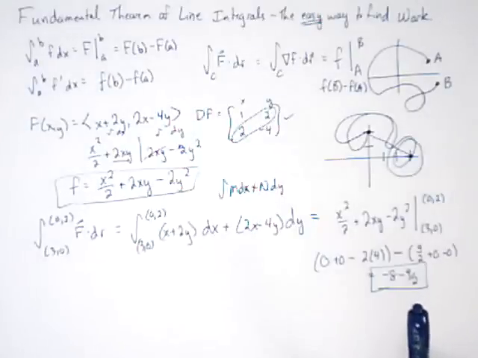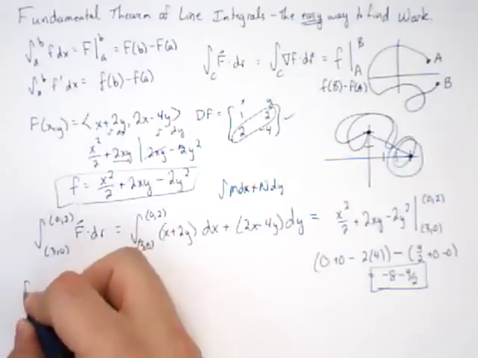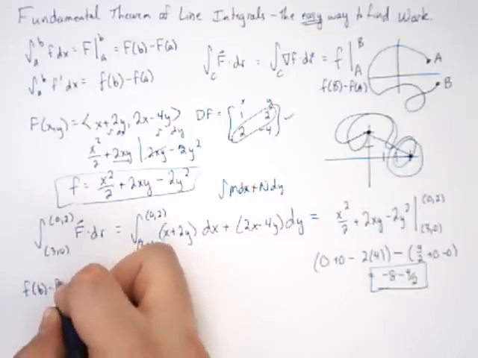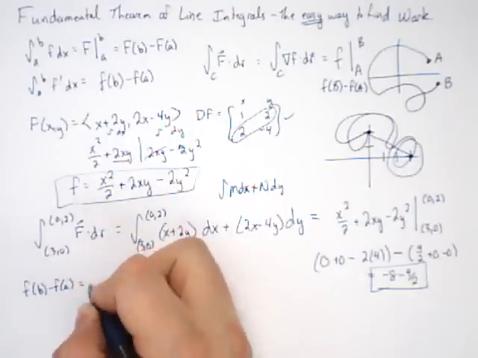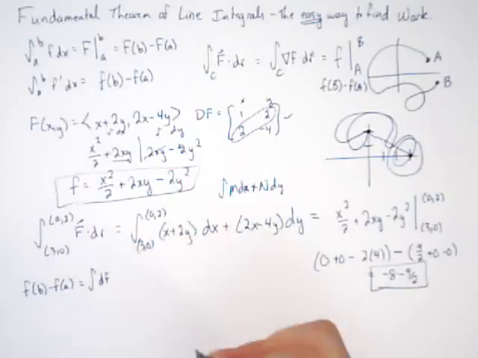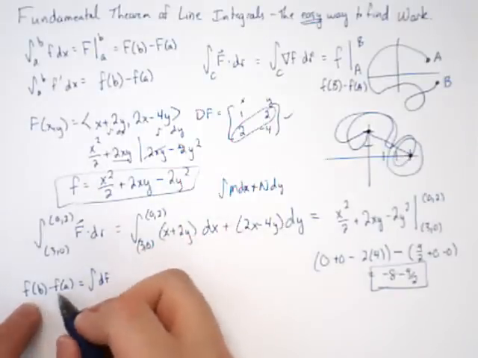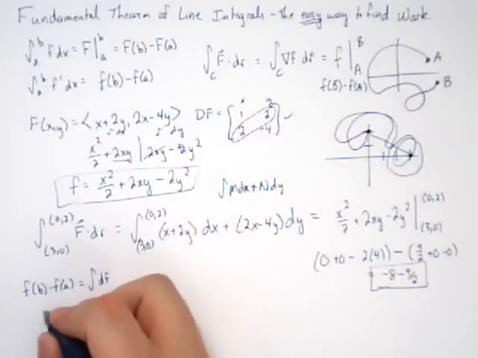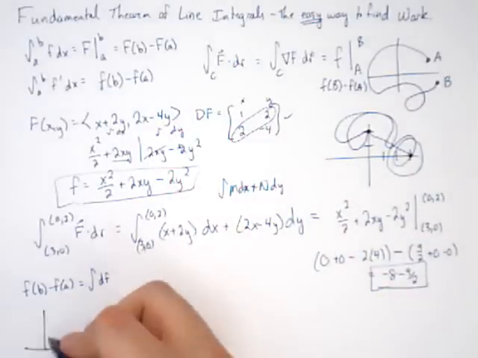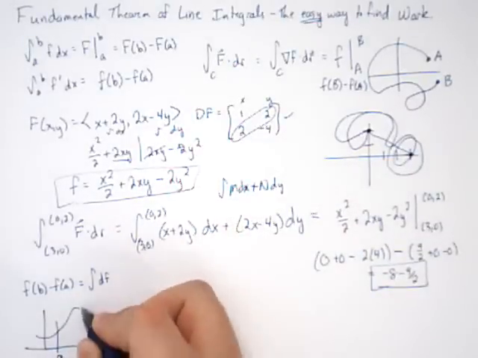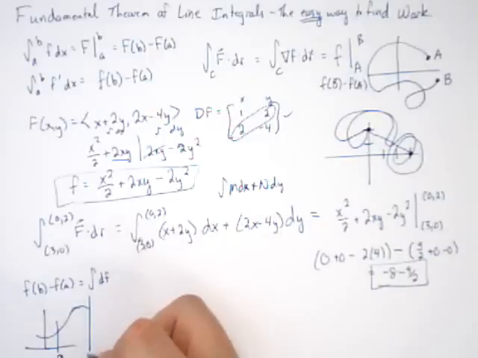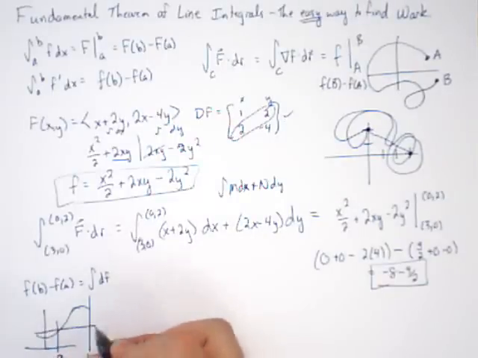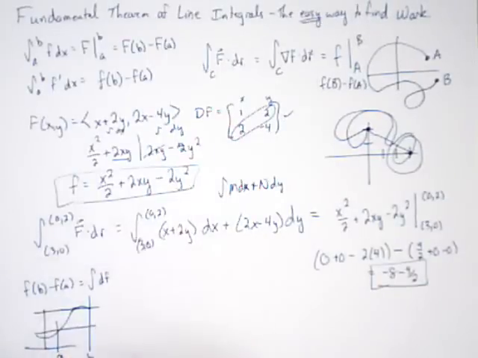That's it. So why does it work? Well, if you go back to first semester calculus, the whole idea is that f of b minus f of a is really integrating little changes in the function. This is a difference in the function, and you can add up little differences in the function. Pictorially, that means I've got some function from a to b, and I'm looking at the total difference in the function.